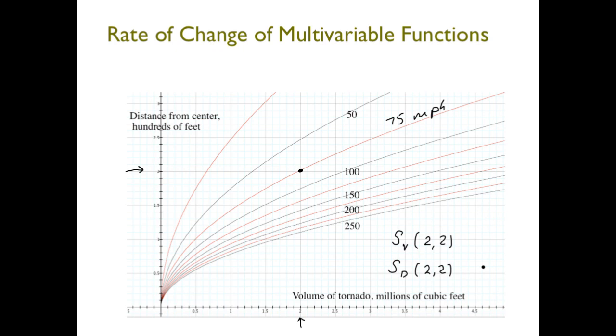If we're talking about the partial of wind speed with respect to volume, what do we do first? Keep distance constant. So we're looking along this line only, at 200 feet away. Then we've got to figure out some change in wind speed and change in volume together.